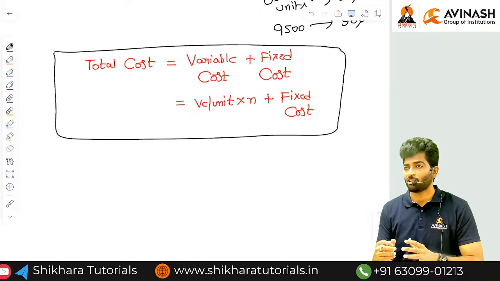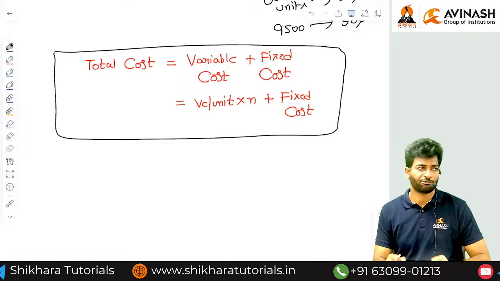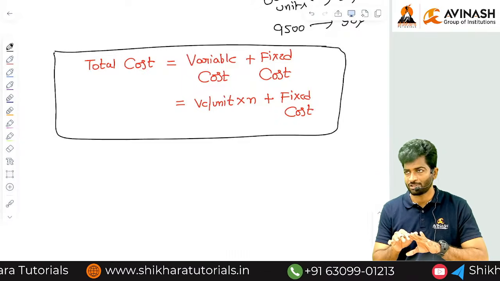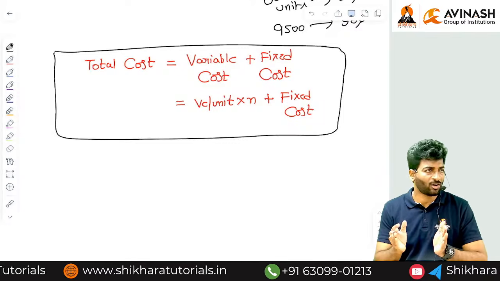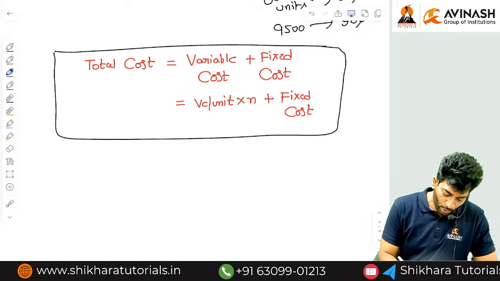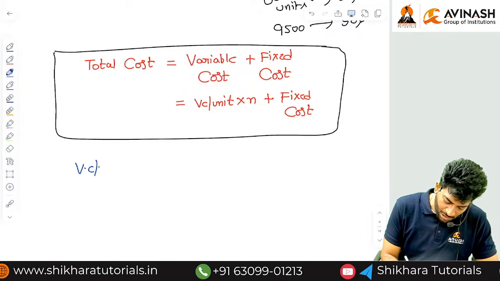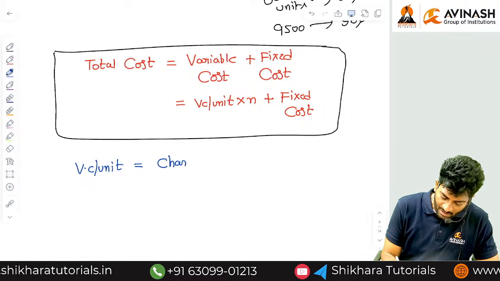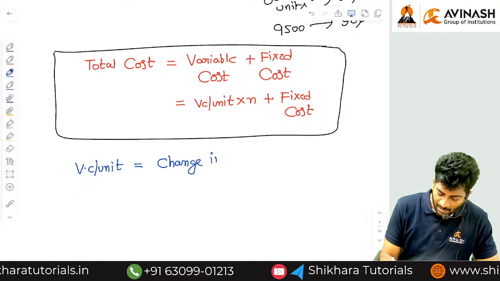I told you semi-variable means it is a combination of both variable and fixed. When you have both variable and fixed in a single cost information, how are you going to separate the variable and fixed? For calculating variable cost per unit, we have a formula. What is that?